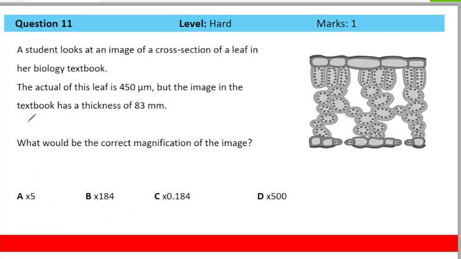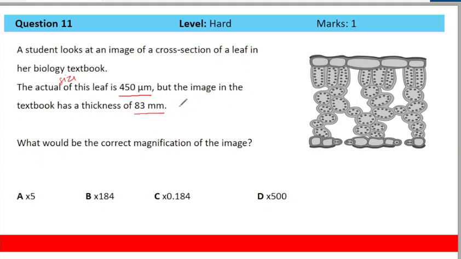Question number 11. A student looks at an image of a cross section of a leaf in her biology textbook. Like this, you can see this image. The actual size of the leaf is 450 micrometer, but the image in the textbook has a thickness this much.